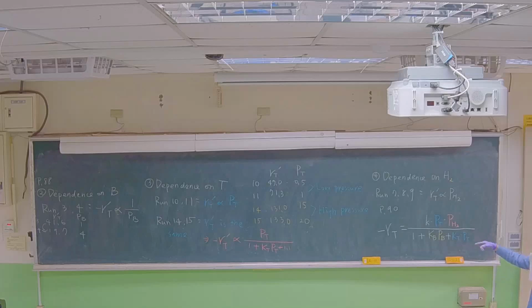You choose different runs, and you get a conclusion for all the species. So here we have N, B, T, H, right, or hydrogen. We have 4 species. You have to tell me the dependence on these 4 species and get one conclusion.